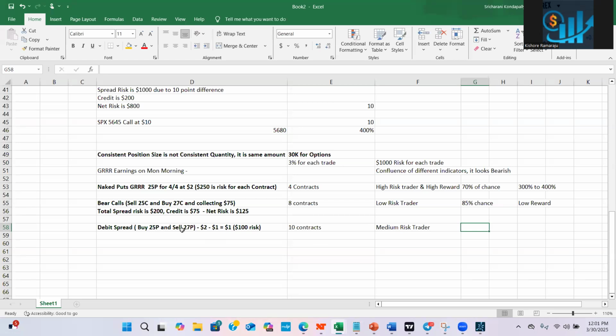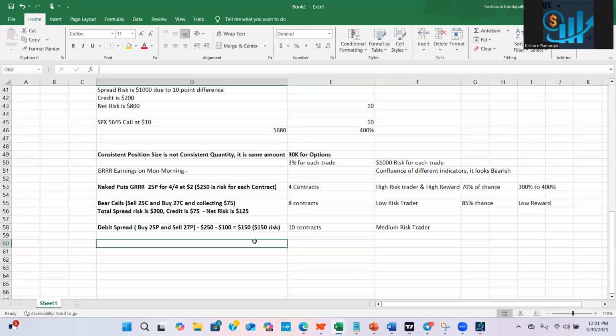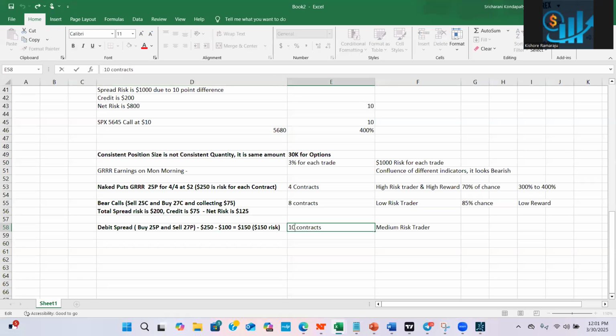You are buying a put, you are also selling a put. So instead of paying $250, you may pay only $150 as your risk. So instead of doing 4 contracts, now you can do approximately 7 contracts.